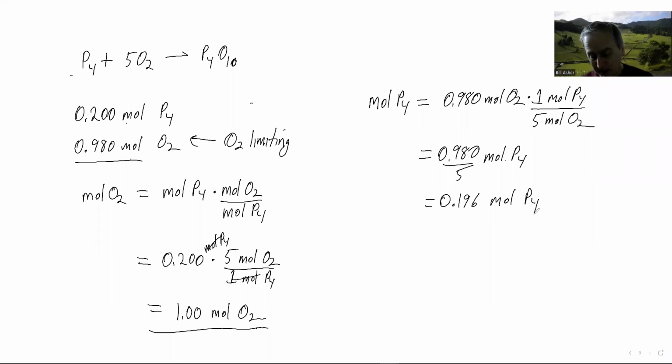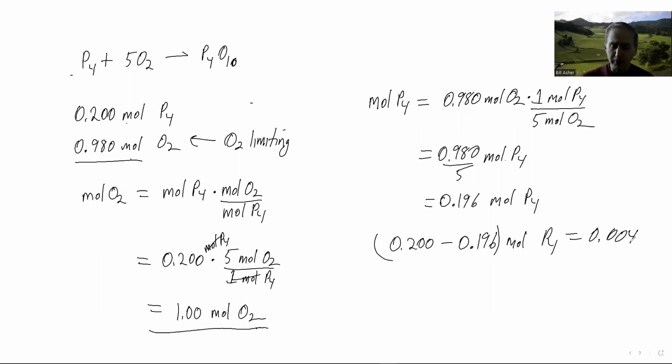So how much P4 is going to be left over? Well, it's going to be 0.200 minus 0.196 moles of P4 left over, which is 0.004. Right? Okay.